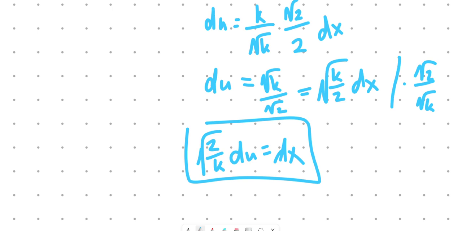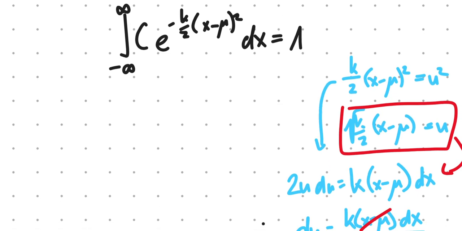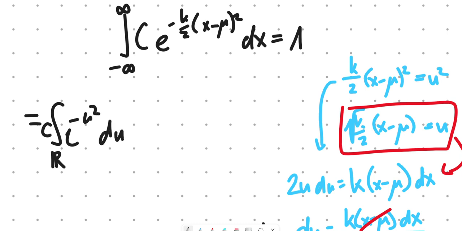Now we have all the information, and we're going to plug it all into our equation, which is going to be crazy, but I think we have no problem. So it's going to be the integral over the real numbers of c, and c I'm going to put outside, times the integral over the real numbers, I already said it, of e to the negative u squared du.